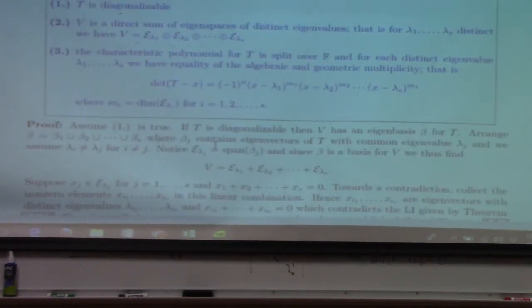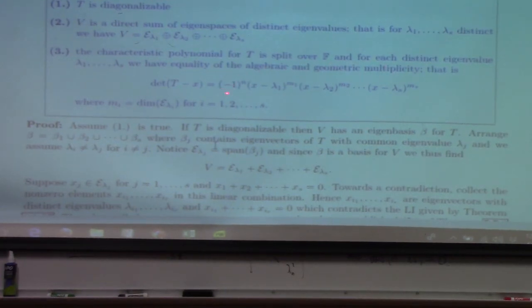And then finally, here's the theorem I wanted to make sure I at least said today. This is the big idea. If we have a linear transformation T on an n-dimensional vector space V over F, then the following are equivalent. T is diagonalizable. V is a direct sum of eigenspaces with distinct eigenvalues, for lambda 1 through lambda s, right? The characteristic polynomial is split, and for each distinct eigenvalue, the algebraic and geometric multiplicities are equal.